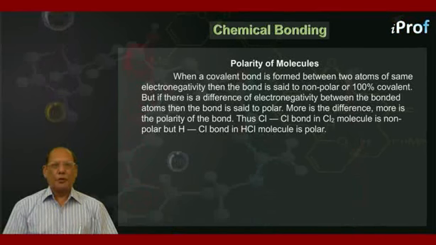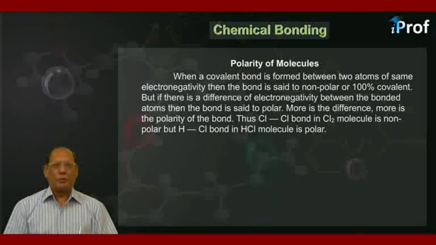When a covalent bond is formed between two atoms of the same electronegativity, then the bond is said to be non-polar or 100% covalent. But if there is a difference of electronegativity between the bonded atoms, then the bond is said to be polar.